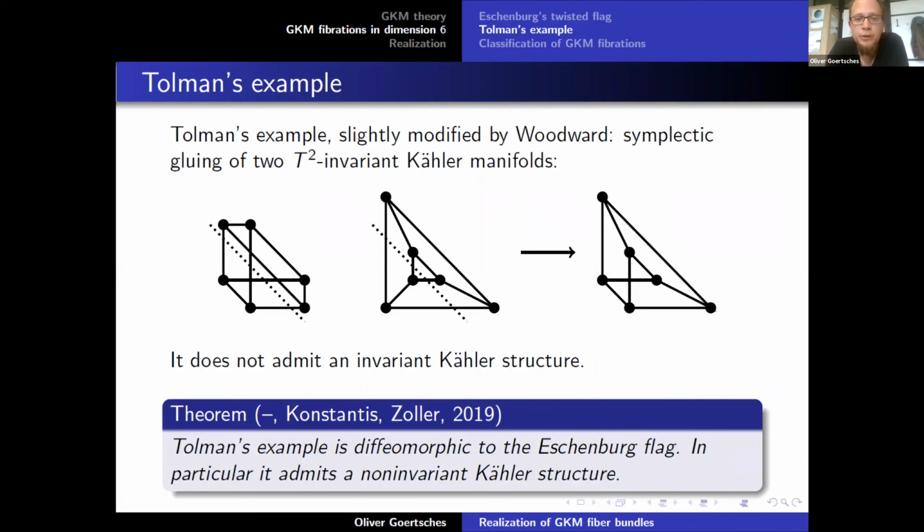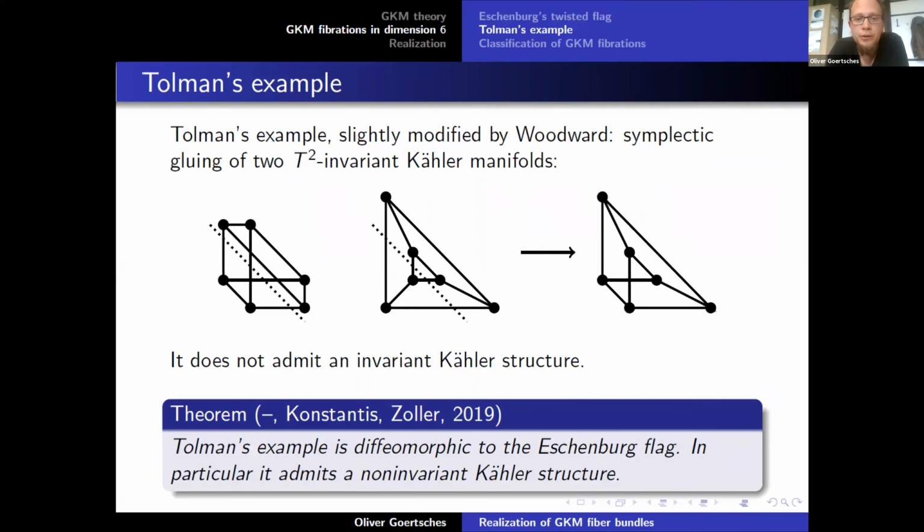The first thing we did is that we classified all GKM fibrations in this dimension and of this type, meaning we looked at three-regular GKM graphs, so 3-valent graphs that fiber over 2-valent GKM graphs, in other words, n-gons.